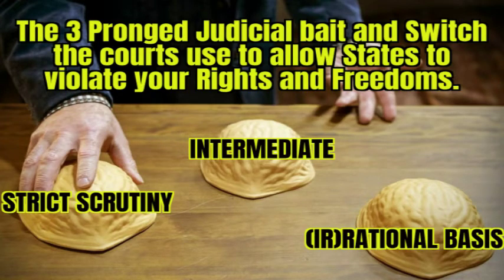So basically, the question as it pertains to rational basis is whether the government has no legitimate interest in the law or the policy. Now, how does the government benefit at all by our wearing a seatbelt?